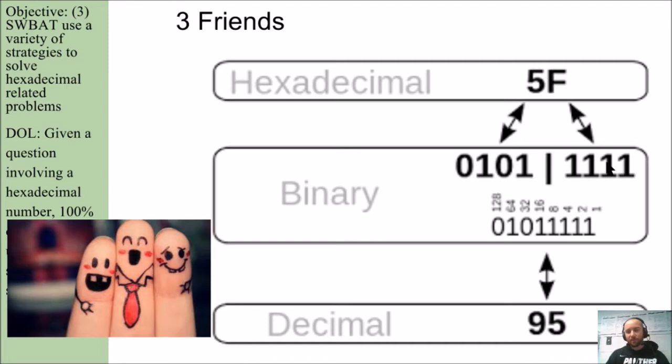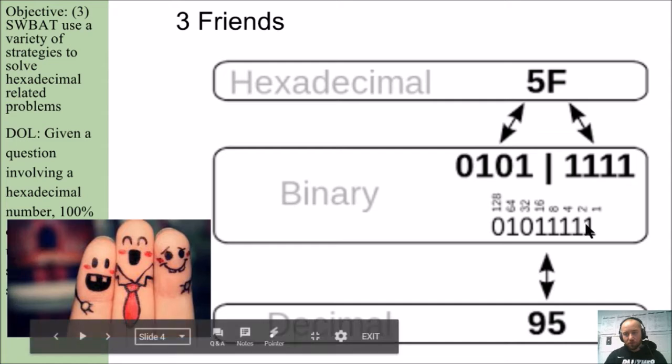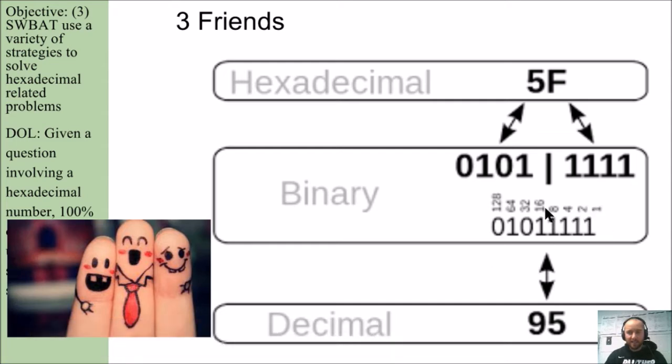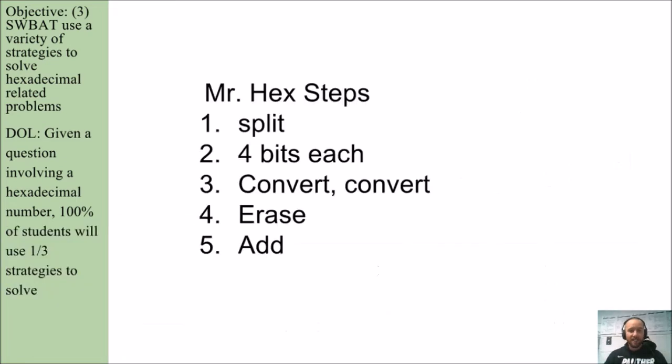So F is 1111, 5 is 101. So that's a 1, nothing in the 2's place, 1 in the 4's place. So now you just erase this little line, combine the numbers right here. So you got 1 in the 1's place, a 2, a 4, an 8, a 16, and a 64. You add these together. Super easy, and I came up with this idea called Mr.